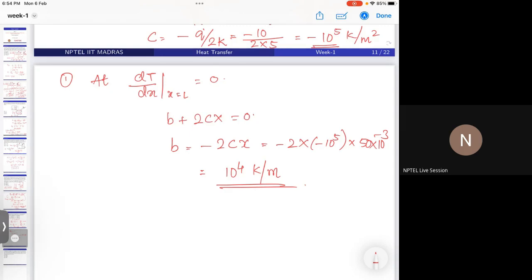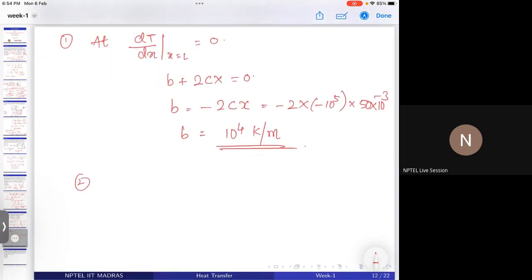Okay, so we found B also. Next it's very simple, that is T is equal to A plus Bx plus Cx square.